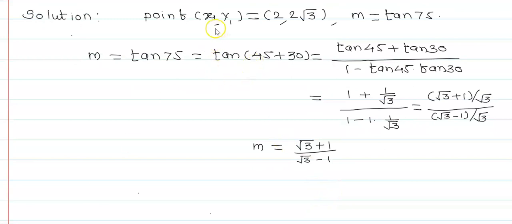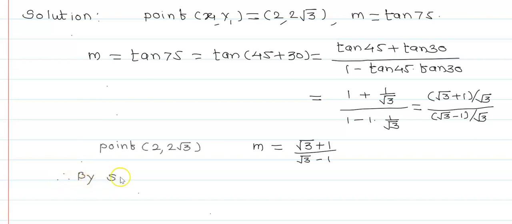Now we know the slope of the line and the point x1, y1. Therefore, by the slope point form, the point is 2 comma 2 root 3.